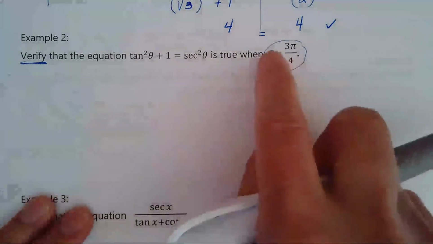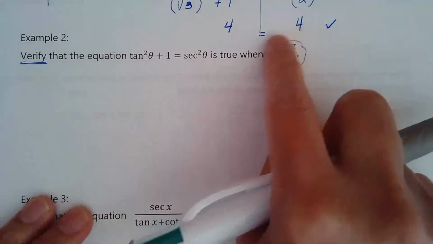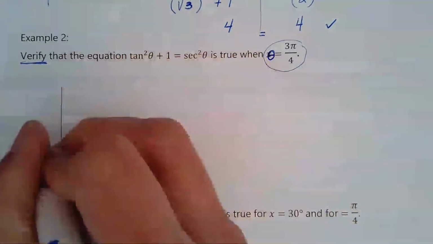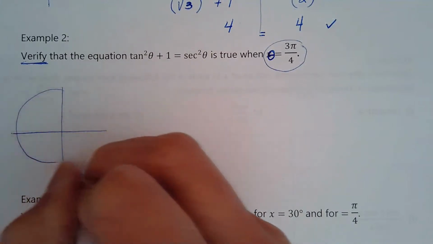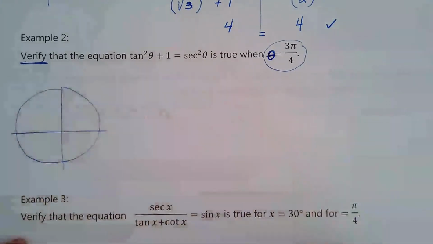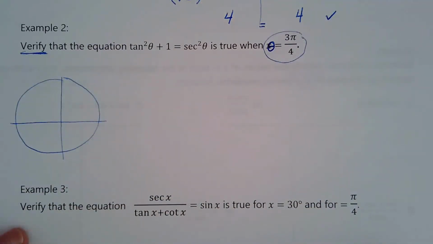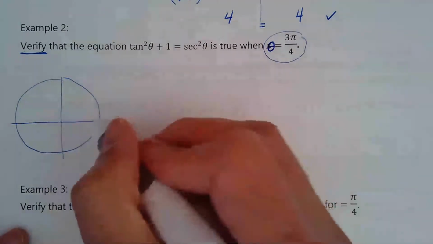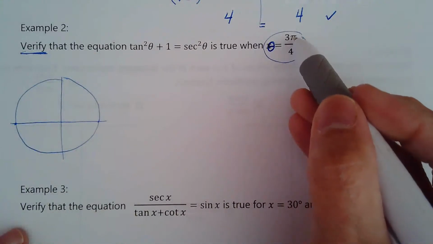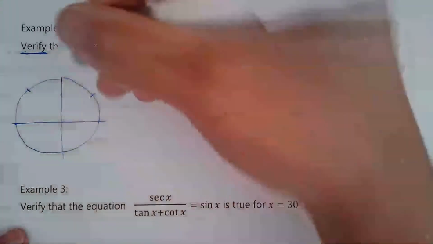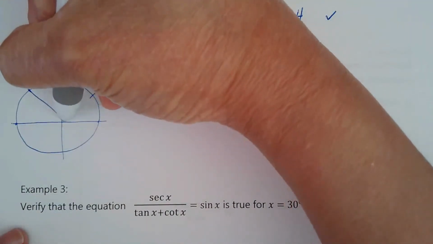So let's visualize where 3 pi by 4 is. Where's 3 pi by 4? Okay, it's taking us back to our unit circle. From here to here is pi. So 3/4 of a pi. So 1, 2, 3. So that's this one right there.